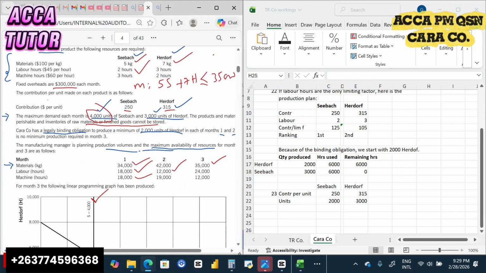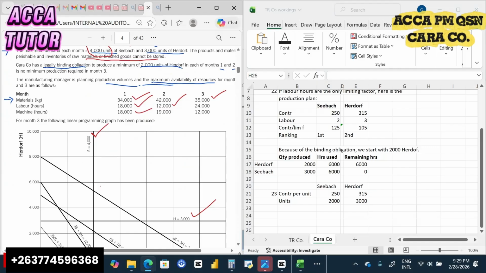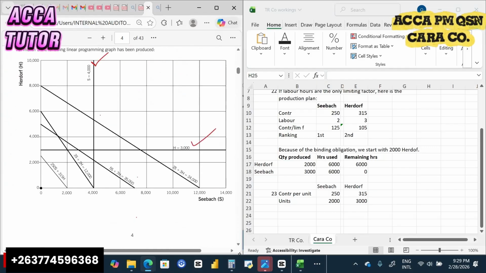All right. So we come here, 5S plus 7H is equal to 35,000.